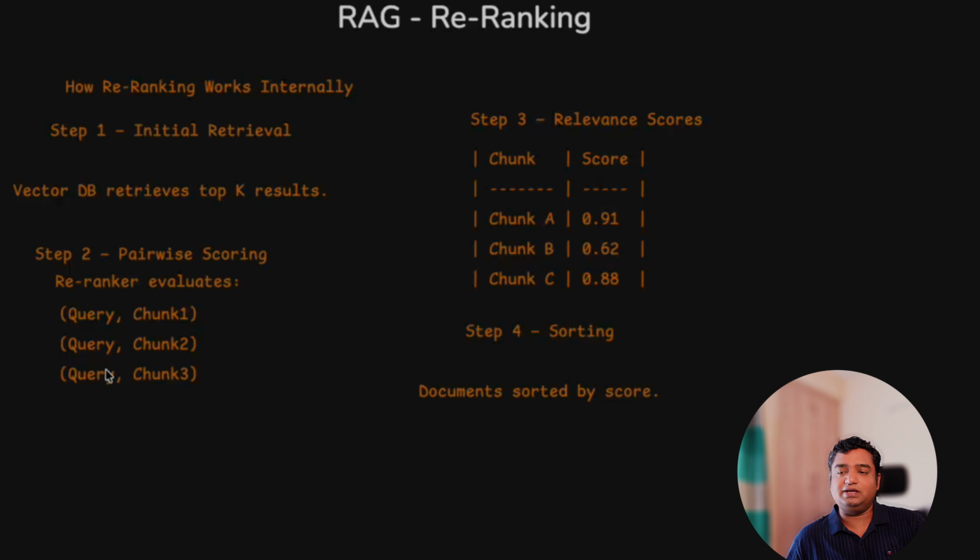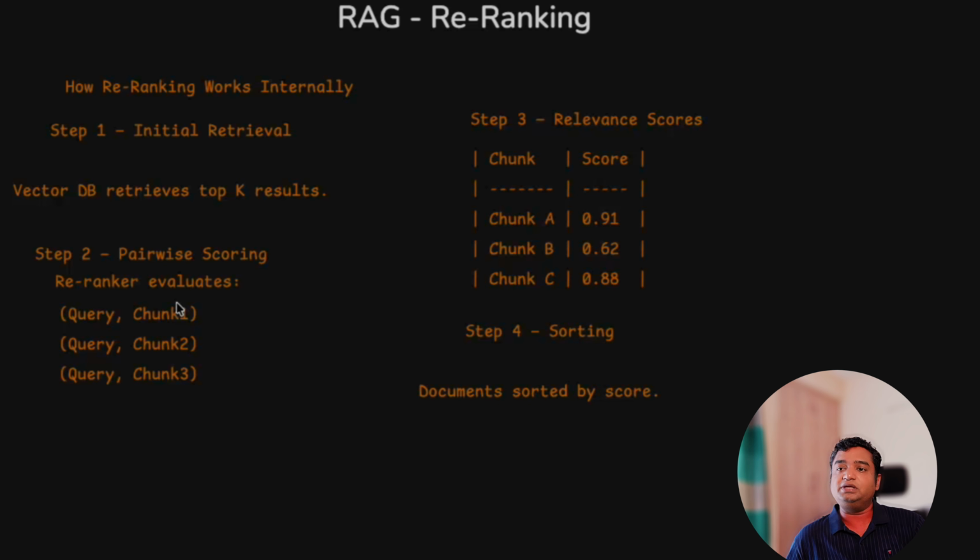It will create one pair where the query is there, like the query is how re-ranking works internally, and then chunk 1, then the same query with chunk 2, and so on. The query remains the same, and each chunk is one output of the retrieval from the vector database. It will compare each chunk with the query and then give the relevance score.